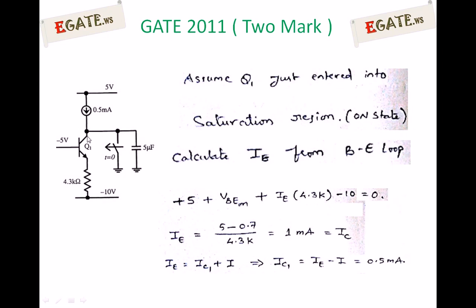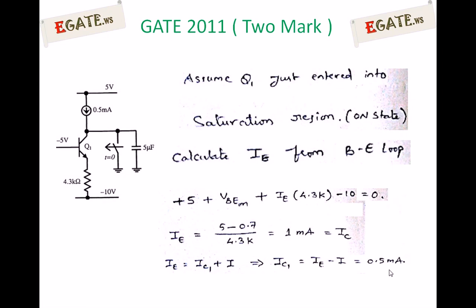So we can write IC, the collector current, is equal to I, the current supplied by 5 volts, plus IC1, the current from the capacitor C1. So IE is equal to IC1 plus I, and the IC1 value can be obtained as IE minus I, that is 0.5 milliamperes.